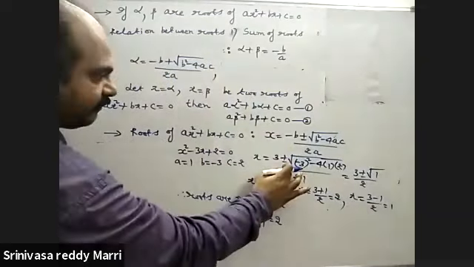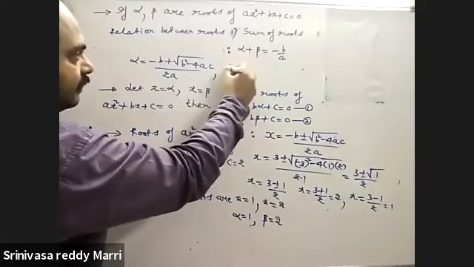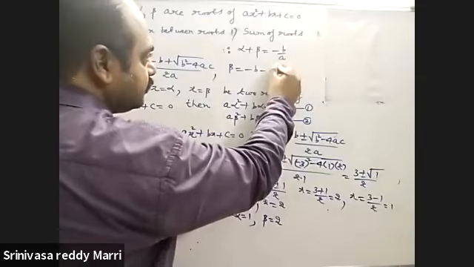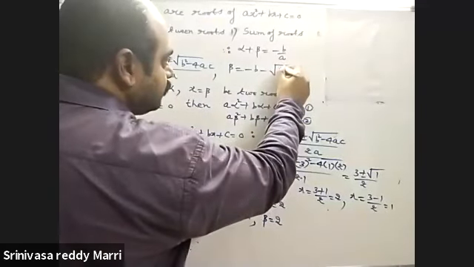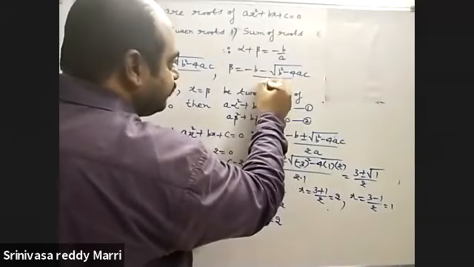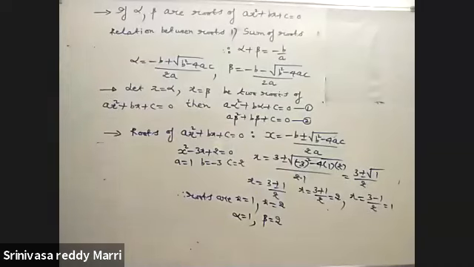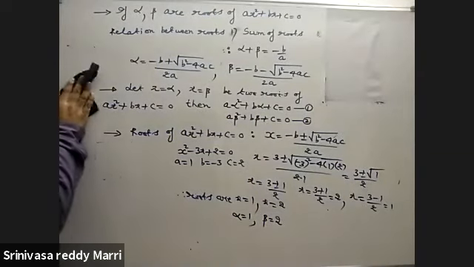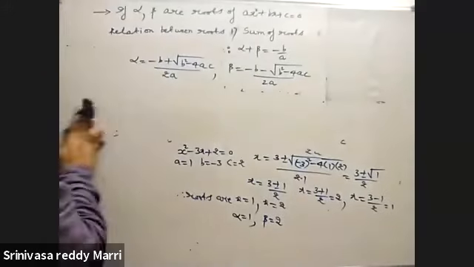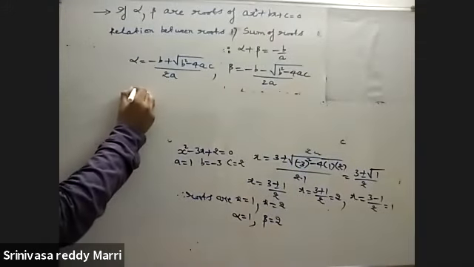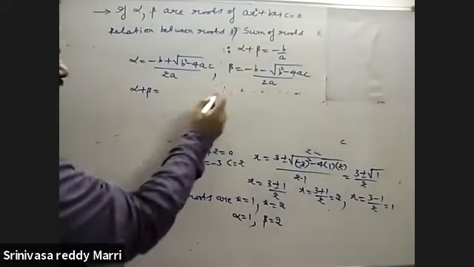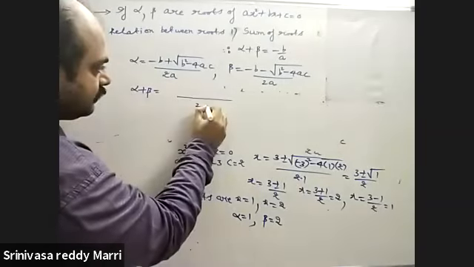The other root we take as beta: minus b minus root of b square minus 4ac divided by 2a. These two are the roots. Now if you sum those, alpha plus beta, the common denominator is 2a.